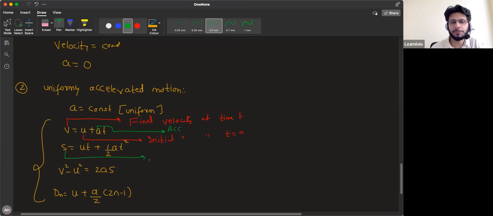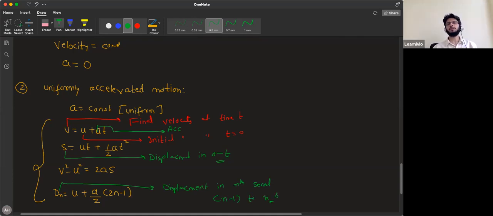S is displacement in 0 to t seconds. And again, the dn means it's displacement in nth second. Displacement in nth second. Nth second means it's n minus 1 to n seconds.